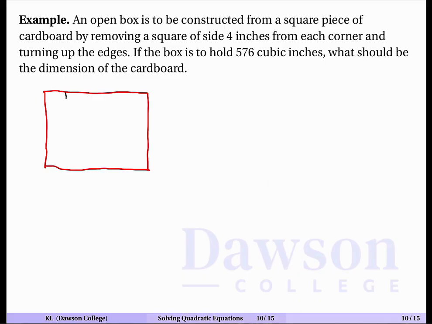So let us say this is your square, square, square here, then square here. So you will cut them, and this will become something like this.